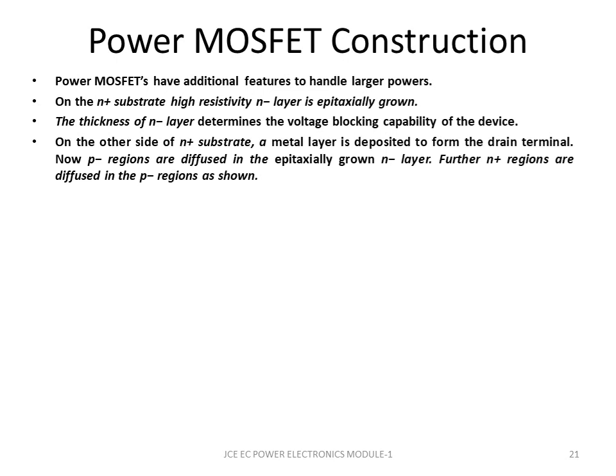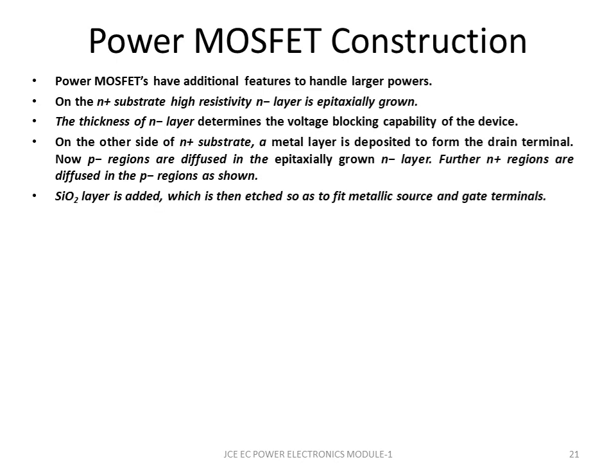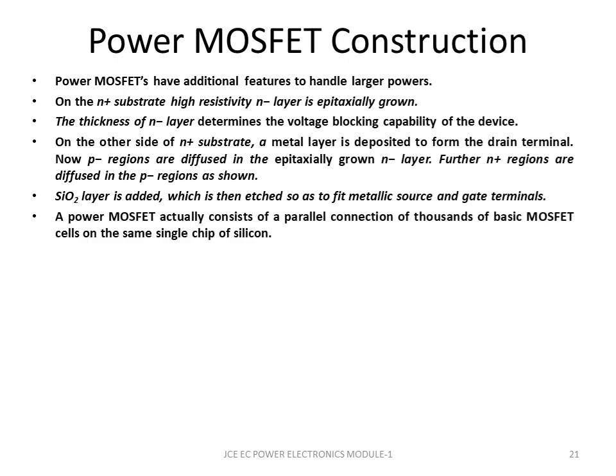On the other side of the N plus substrate, a metal layer is deposited to form the drain terminal. Now P minus regions are diffused in the epitaxially grown N minus layer. Further, N plus regions are diffused in the P minus region as shown. An SiO2 layer is added, which is then etched so as to fit metallic source and gate terminals.